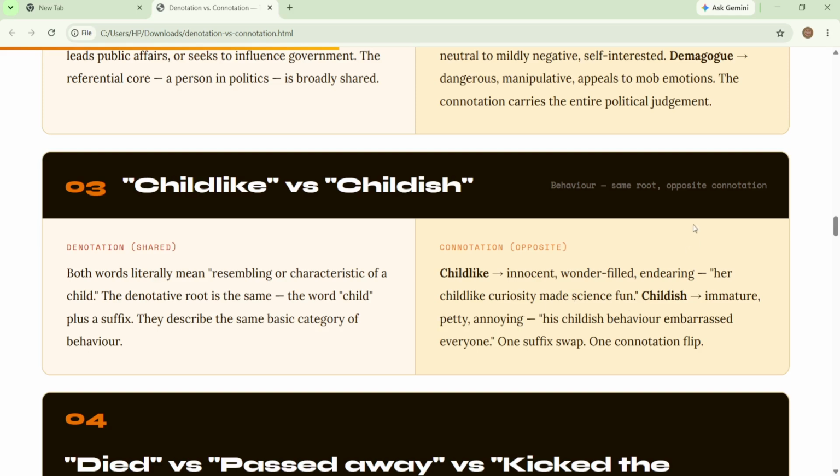Childlike is innocent, wonderful, endearing. Her childlike curiosity made science fun. This is an easy example to understand. Childish is immature, petty, annoying. For example, his childish behavior embarrassed everyone. One suffix swap and the connotations flip.